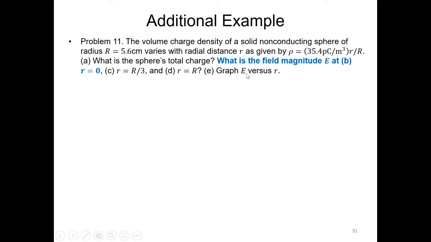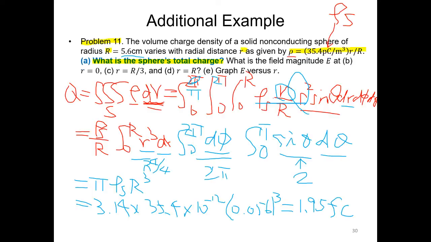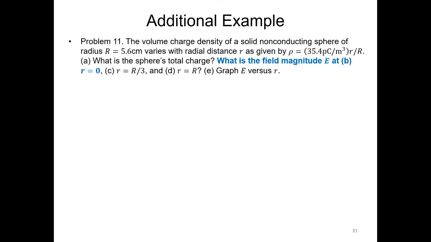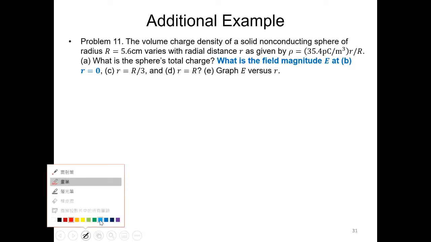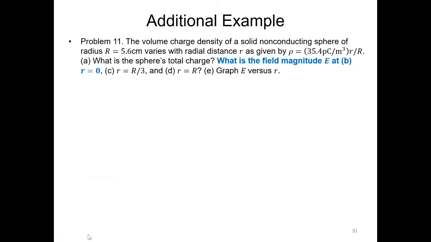So for question B, what is the field magnitude at R equals 0? R equals 0 is very trivial, which means that E should be equal to 0 for R equals 0.